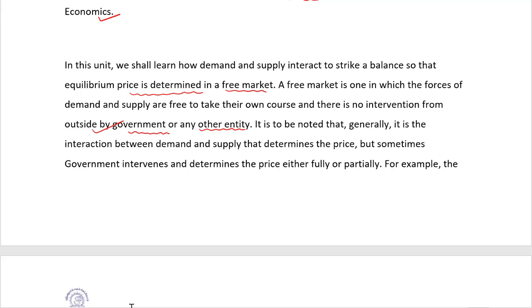It is to be noted over here that it is the interaction between the demand and supply that determines the price of a product, but sometimes government also intervenes in the determination of price of a product, either fully or partially.